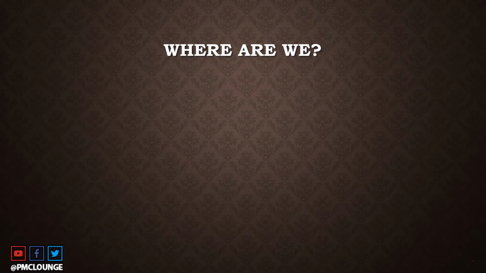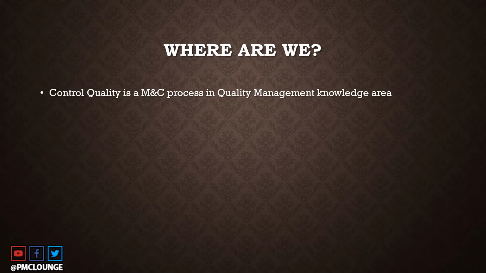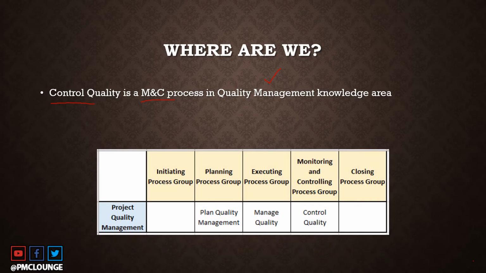So where are we? How come out of the blue we are talking about the tools and techniques of one of the quality management processes? So we are talking about control quality. This, like I just said, is a process in the quality management knowledge area, and this is actually a monitoring and controlling process. So here is the PGKA mapping, the process group knowledge area mapping.